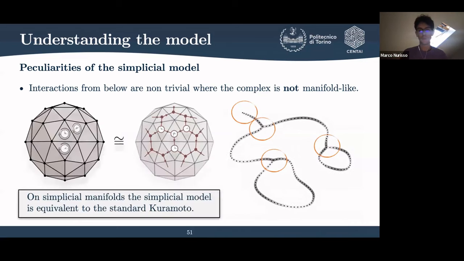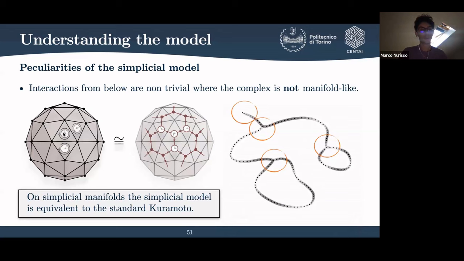And from this, you can also prove very easily that on simplicial manifolds, so spaces where k-1 simplices are contained in exactly two k-simplices, the simplicial Kuramoto model is exactly the same as the standard Kuramoto model. And this follows from Poincare duality.